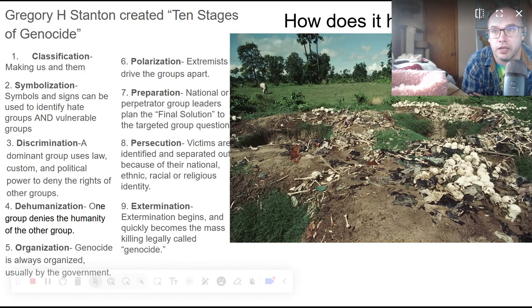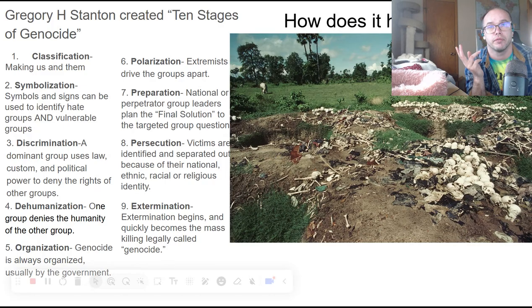What you're seeing here is called the killing fields in Cambodia. These skulls and skeletons that you find here aren't ones that were gathered and then dumped here. This is the skeletons and remains of the people that were killed in this exact spot. And there are hundreds of fields like this across the country of Cambodia.